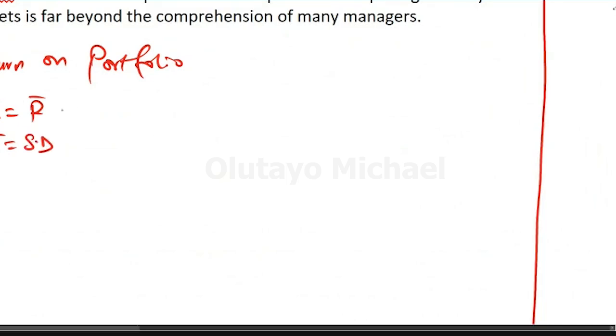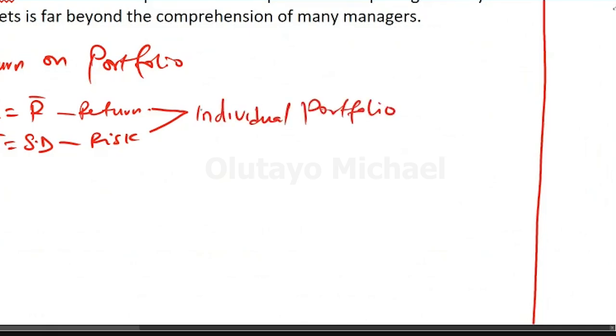So this is return, this is risk. This mean and this risk are for an individual asset, but the interest of portfolio theory is the risk and return of a portfolio.